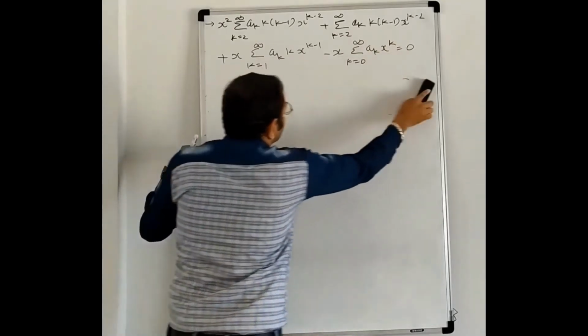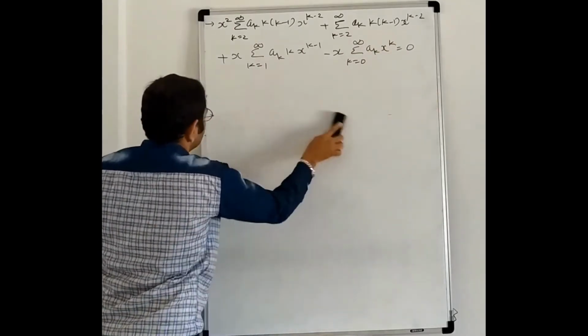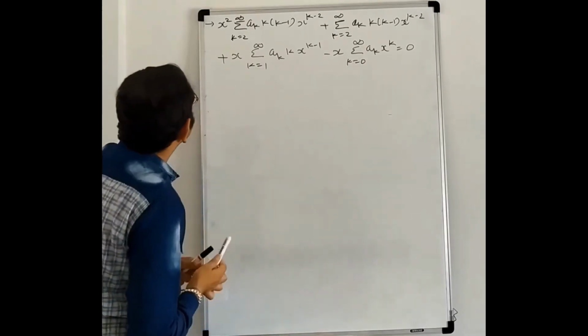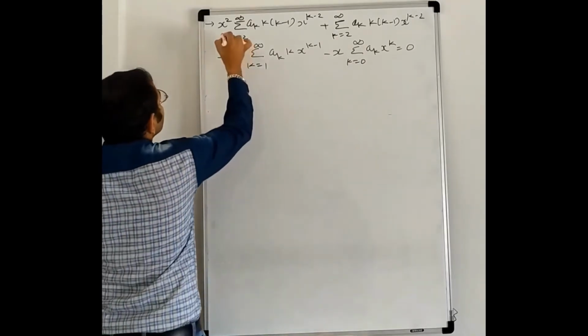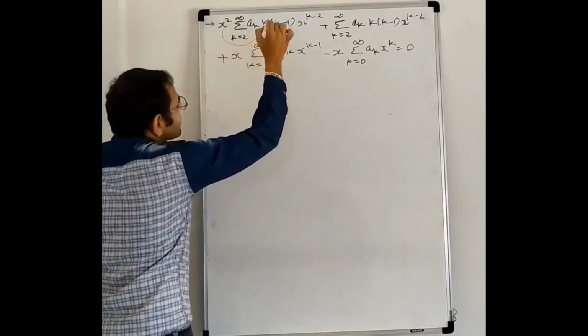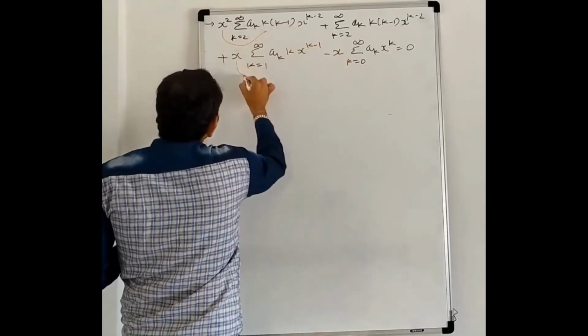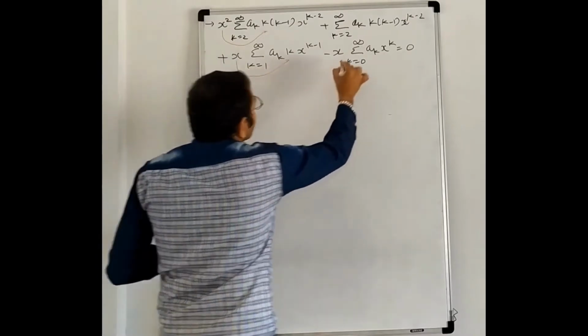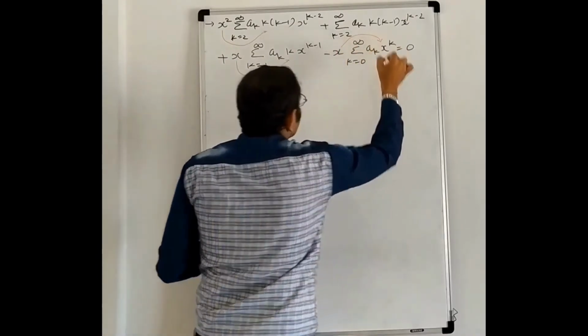Now this x square goes inside the summation, this x also goes inside the summation, and this x also goes inside the summation.